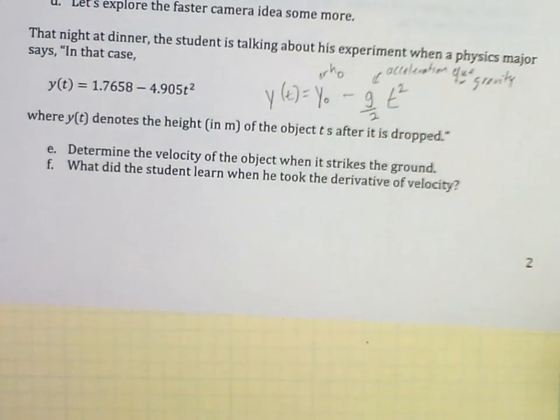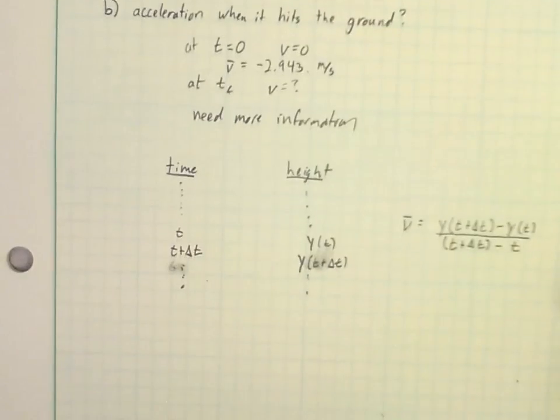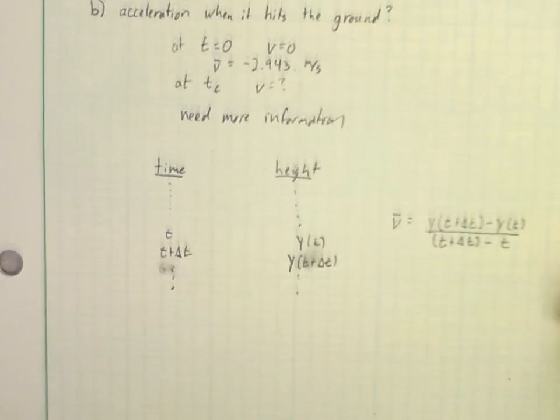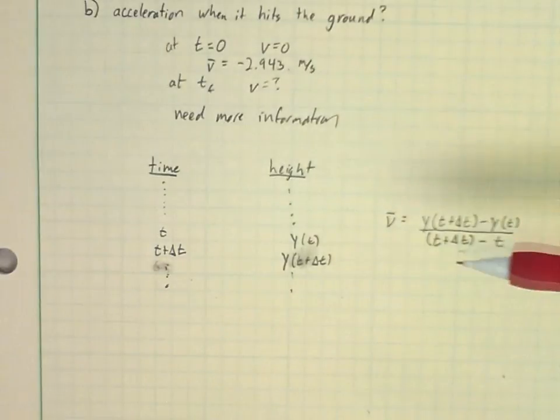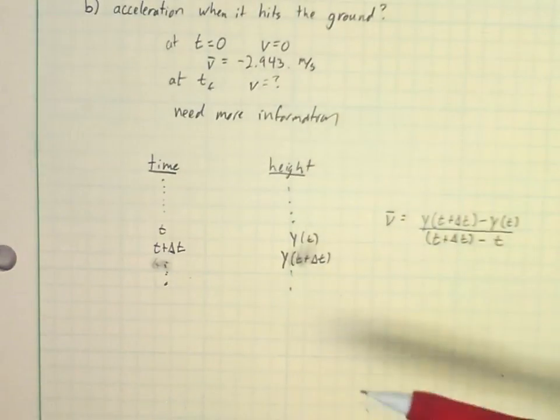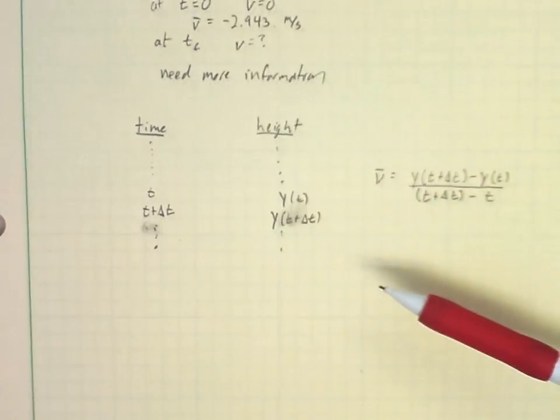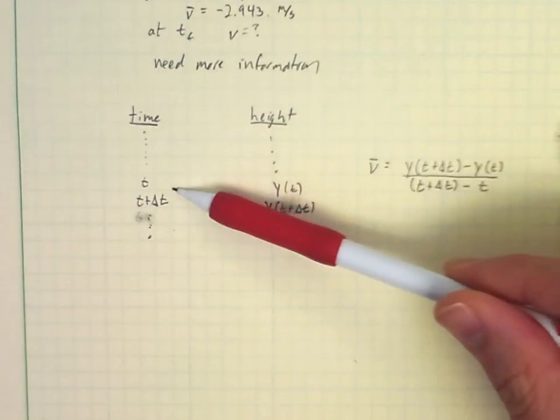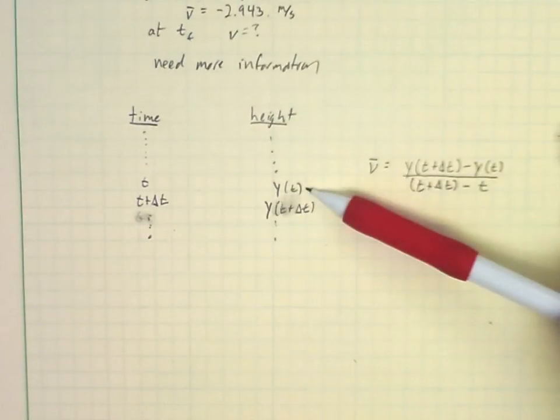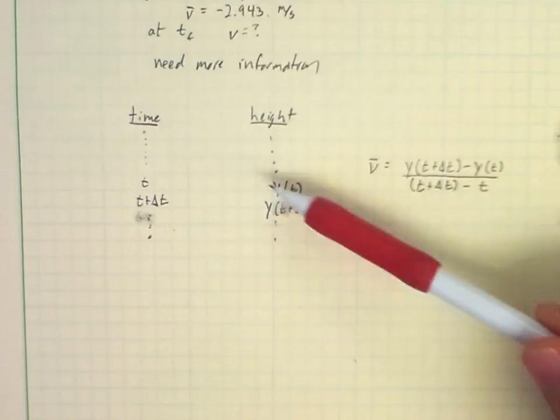So given those two things, we want to try to figure out what the velocity is at a given time. Again, the way we were able to determine the average velocity at a given time, we went to that table, picked a time, and got the height, y of t, for that time.